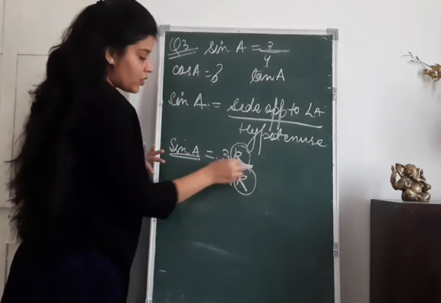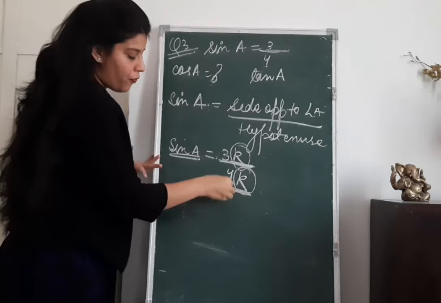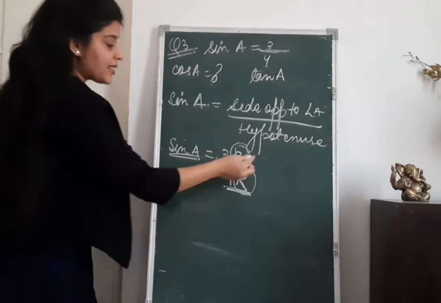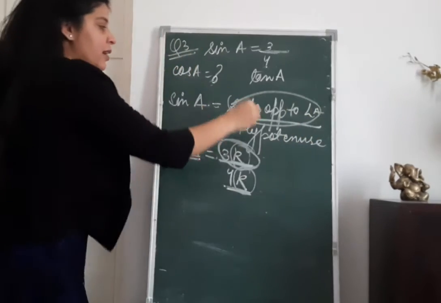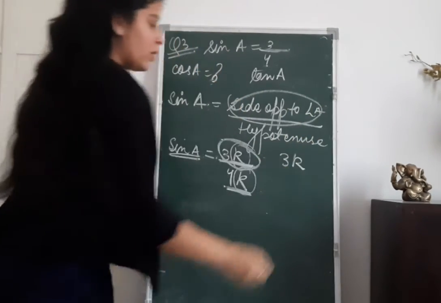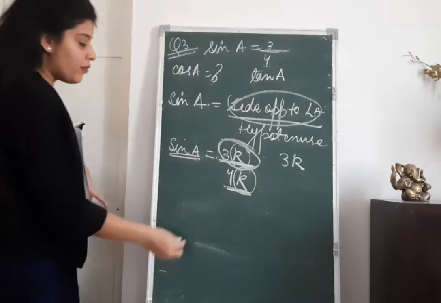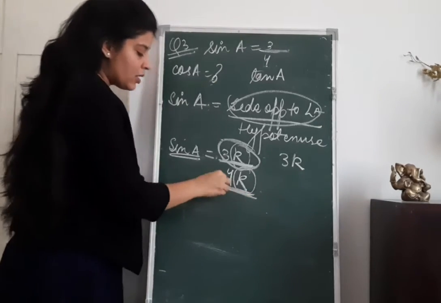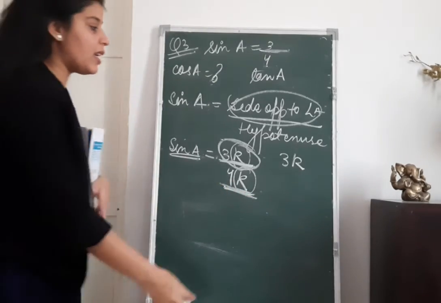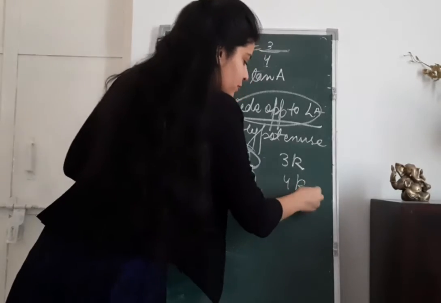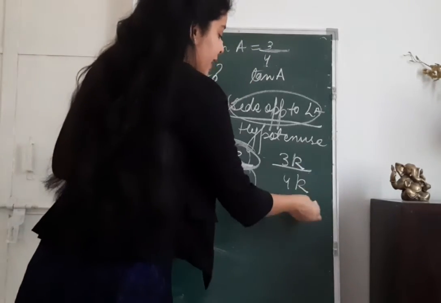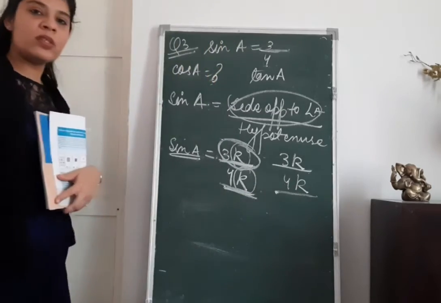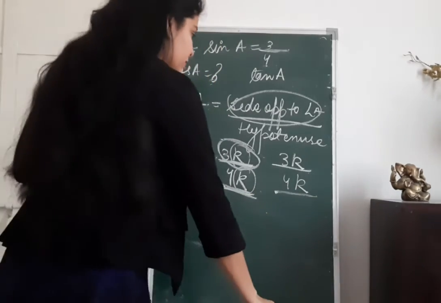So 3k and 4k. So can I say that side opposite to angle A is equal to nothing but 3k, while hypotenuse for that triangle is equal to 4k?